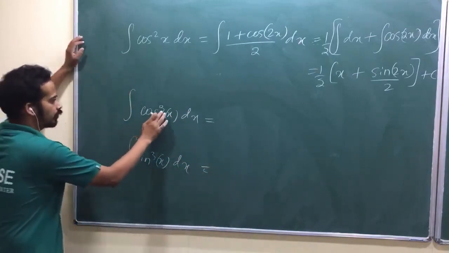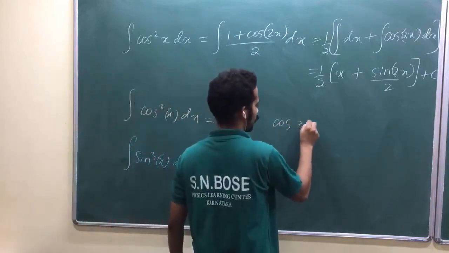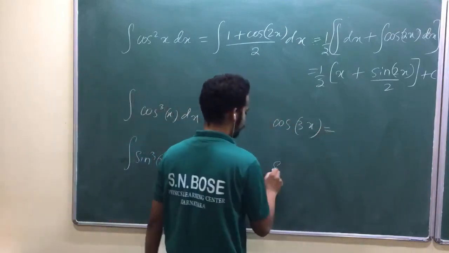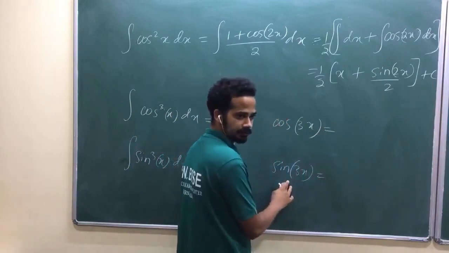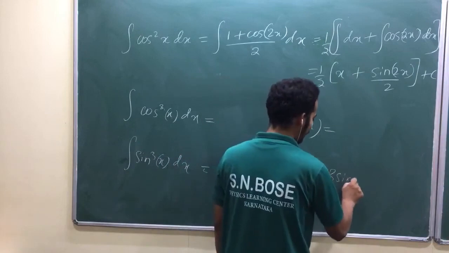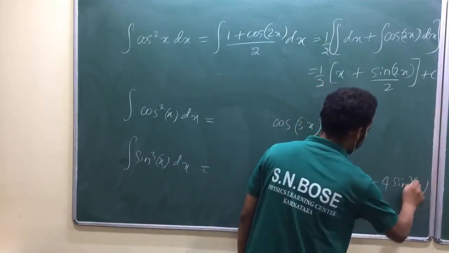So how do you do this one? Cos cube x into sin cube x. Cos 3 theta formula. Cos 3x is equal to, any idea? Sin 3x is equal to 3 sin x minus 4 sin cube x.